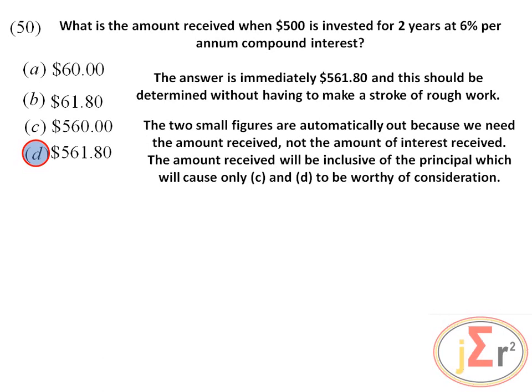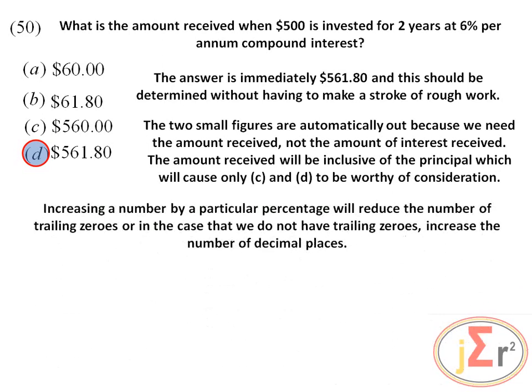So the amount received will be all that you have invested plus the interest. So of course we know that A and B cannot be inclusive of the original amount or the principal, so they are automatically out. So we will consider only options C and D.